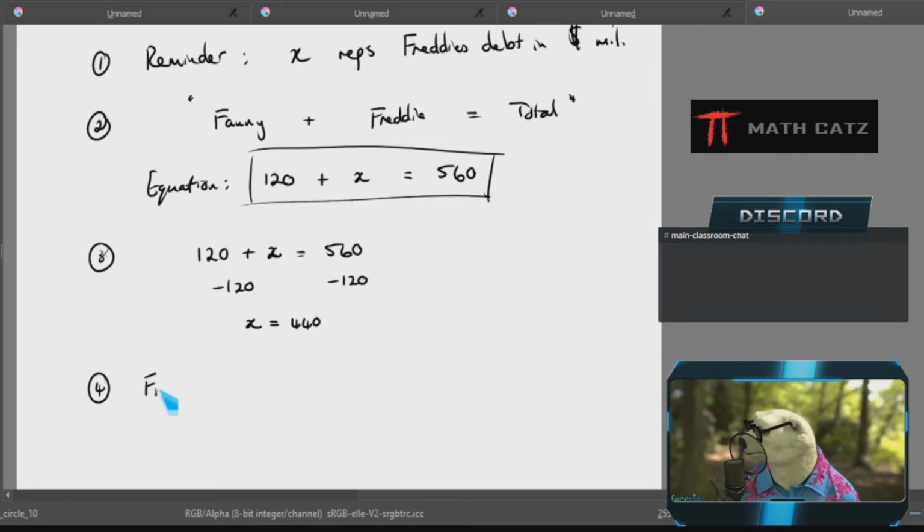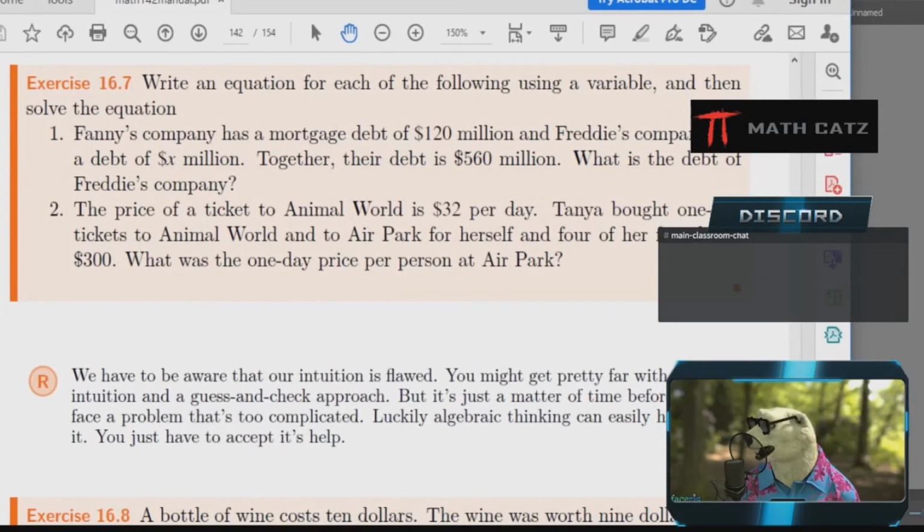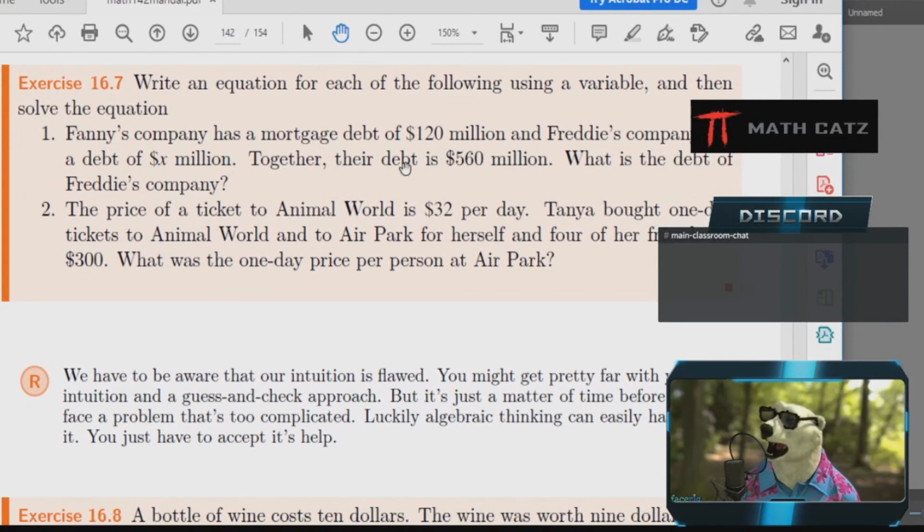So a nice sentence just clarifies that Freddie's company has a debt of 440 million. Now there's no doubt. This is my answer. Sometimes it's worth double checking before you write that concluding sentence. Is what I want to say actually answering the question? What is the debt of Freddie's company?